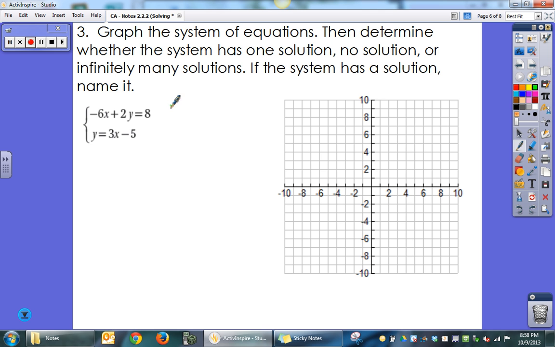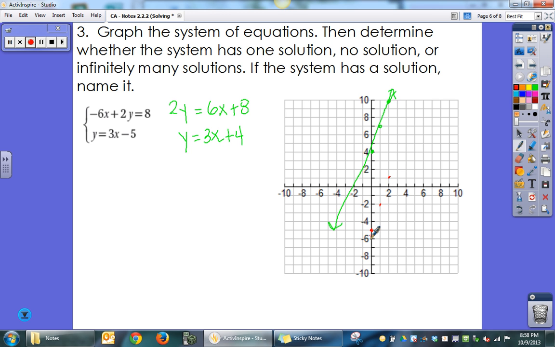Simplifying this first one, 2y equals 6x plus 8. Divide everything by 2, and I get y equals 3x plus 4. Graphing that one, I've got a y-intercept of 4 and a slope of 3. Graphing this one, I've got a y-intercept of negative 5 and also a slope of 3.